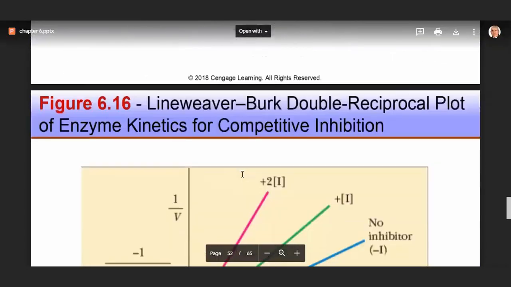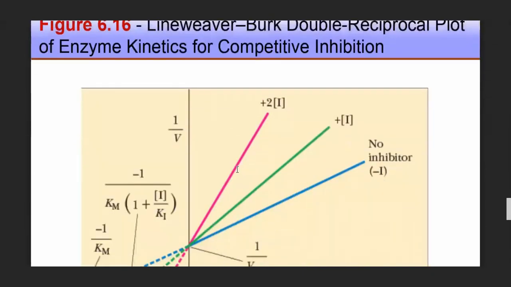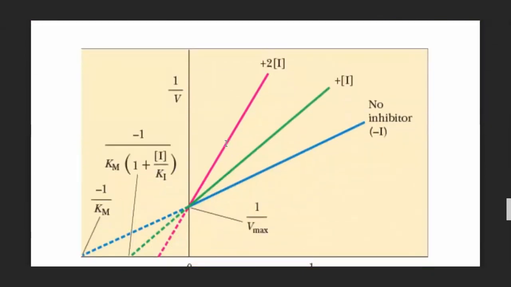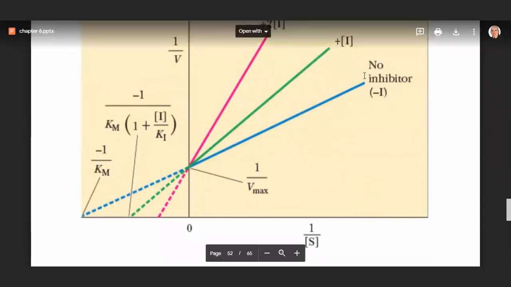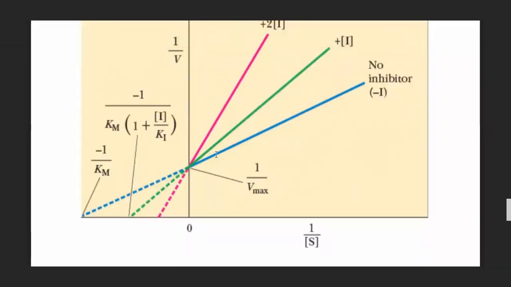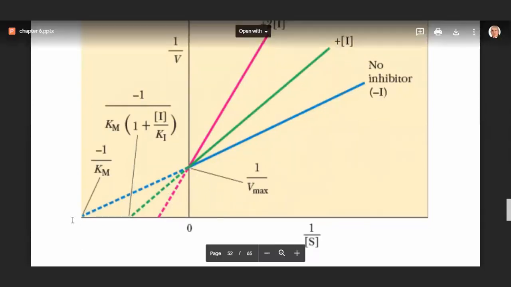Now, what does the Lineweaver-Burk plot look like in the presence of a competitive inhibitor? Let's see. You see the blue line here. This is typical, no inhibition. Again, this is the normal Lineweaver-Burk plot, and the y-intercept is 1 over Vmax, and the x-intercept equals minus 1 over Km.